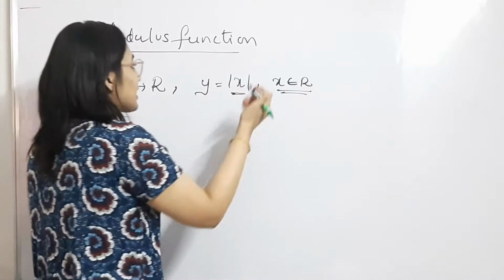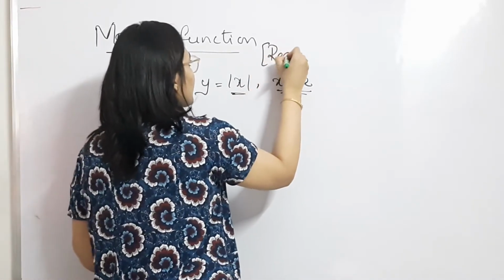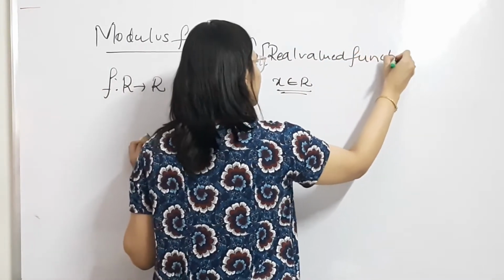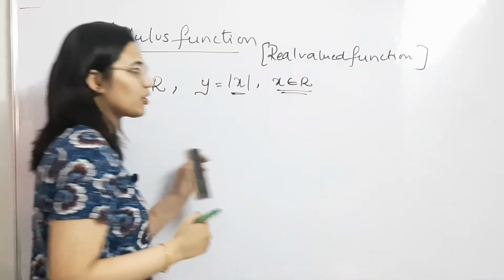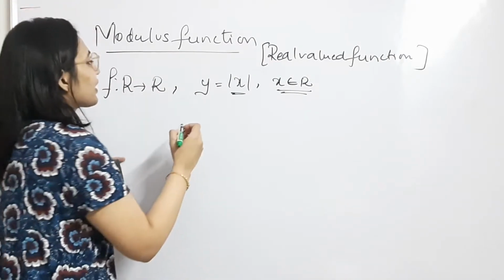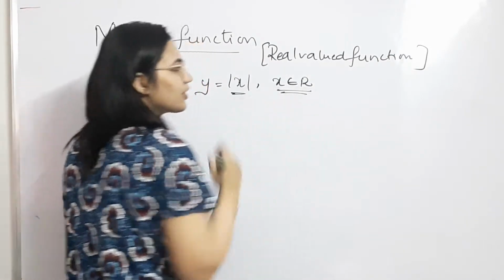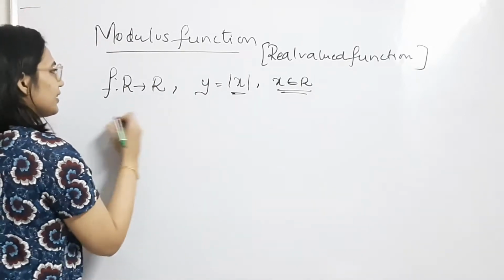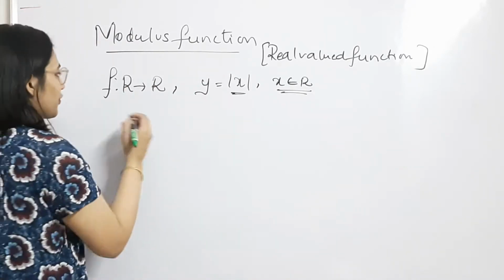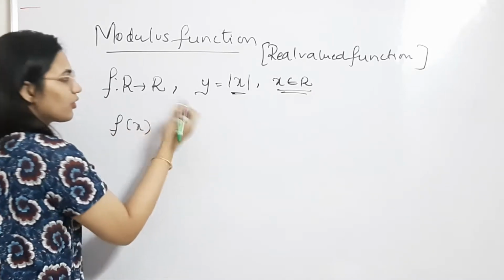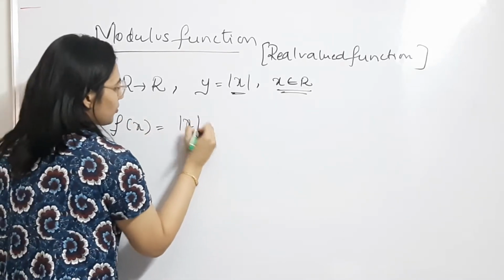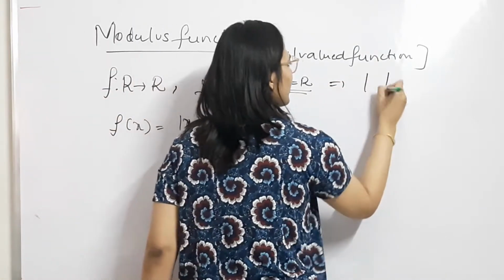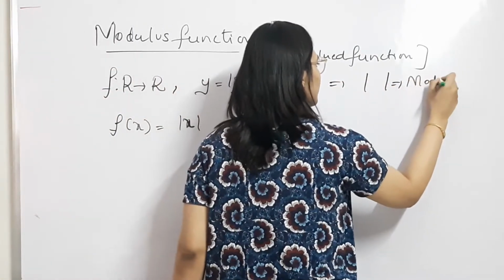So in this case, we'll call the modulus function a real valued function, because we are passing all real numbers. So y is equal to mod x, and if we pass all real numbers into this function, then the definition of an absolute value function can be written as y or f of x is equal to mod x. And this, you know for a fact, is called modulus, right?